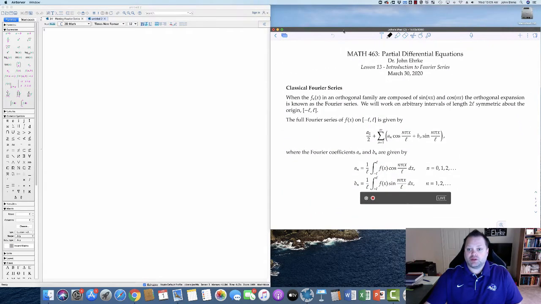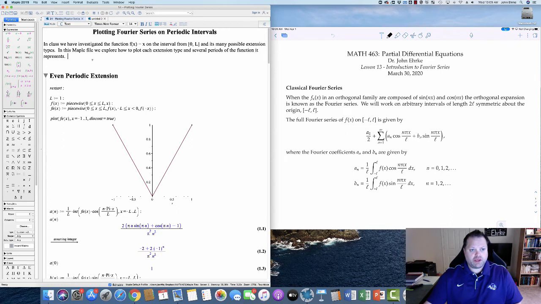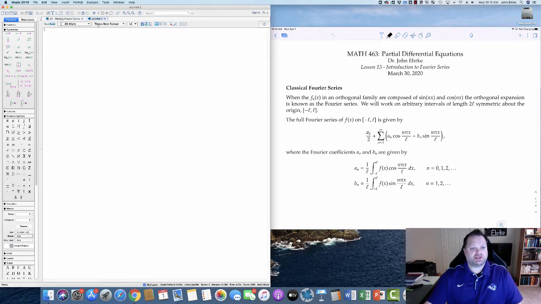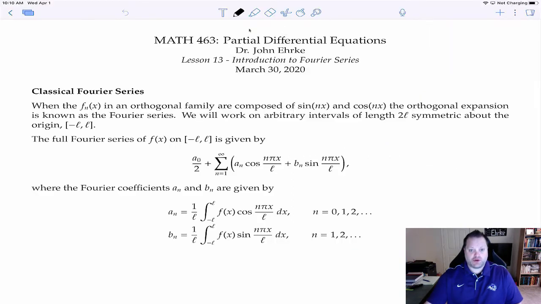All right, drop that down just a little bit. Okay, so the big Maple file for you guys is the plotting Fourier series Maple file. It's number 14 listed there in Canvas. I'll jump back over to this here in just a second. But for now, let's go full screen with this.